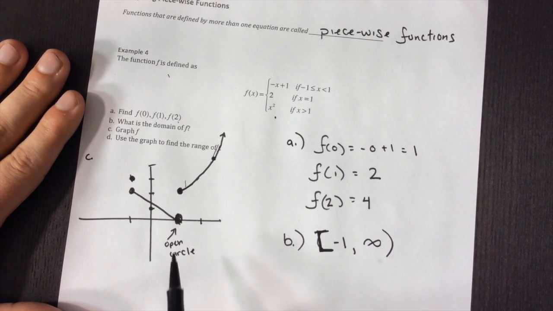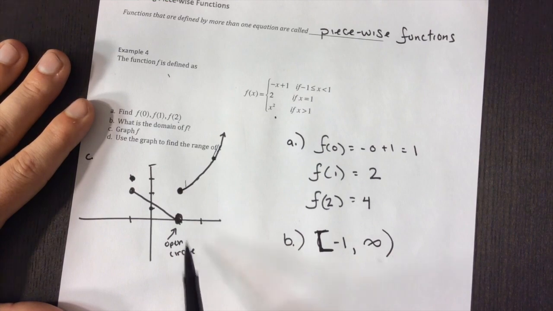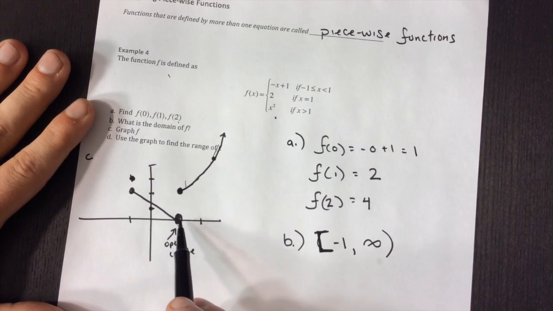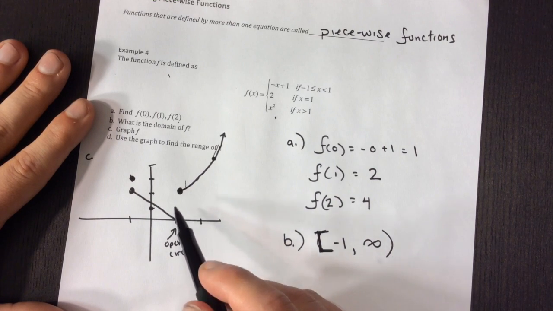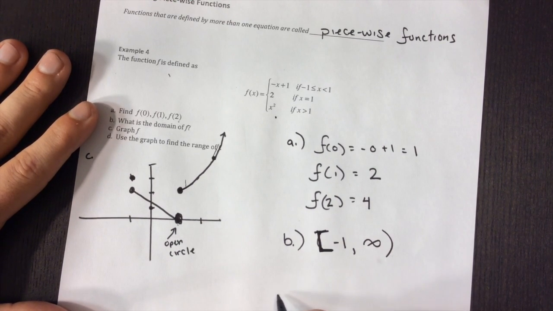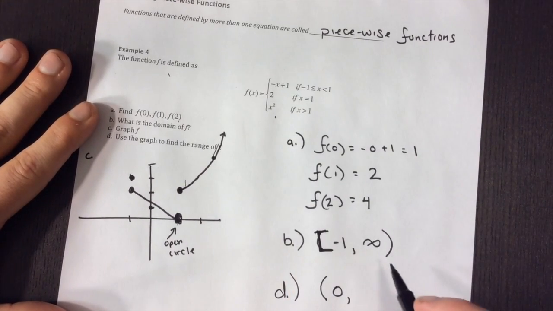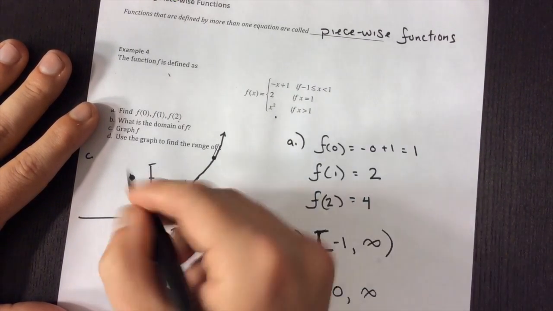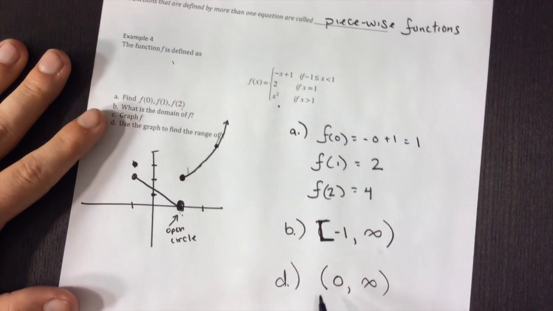See, there's my graph, and then I can use this to find the range. The range, the lowest point I can be on the y is 0, but I'm not including it. So for d, to find the range, it's from 0 off into infinity. I can be all of these points in between, but since this is an open circle on 0, I don't include it.